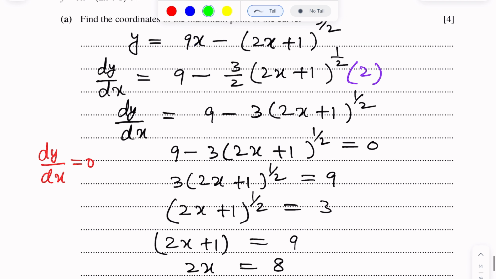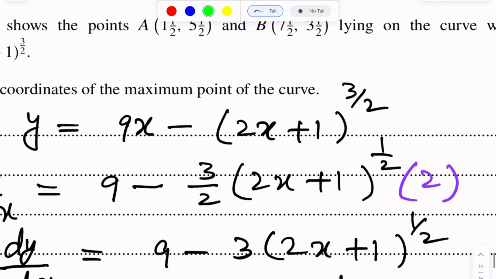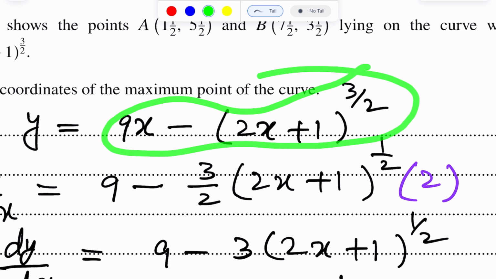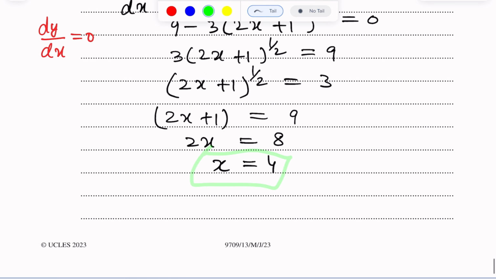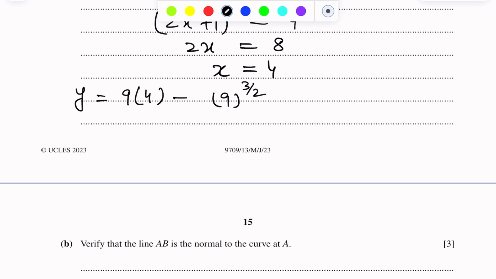Now we will find the y coordinate. Putting this value of x in the equation of the curve, we get the value of y. So we get y is equal to, putting the value x is equal to 4, 9 into 4 minus 9 power 3 over 2.